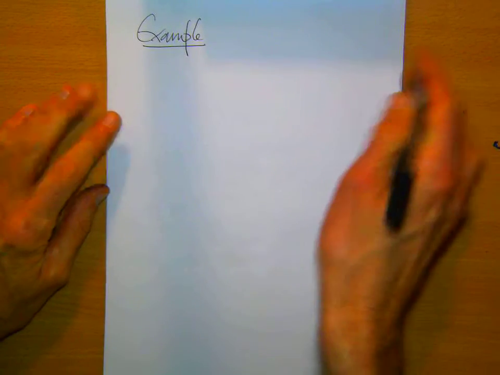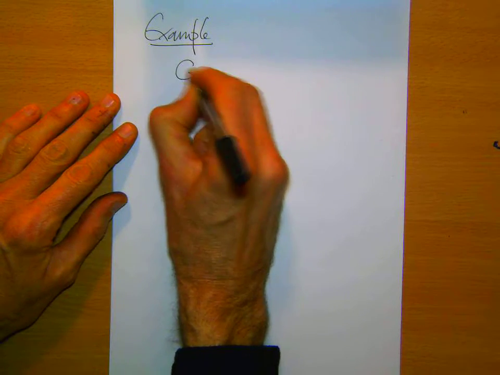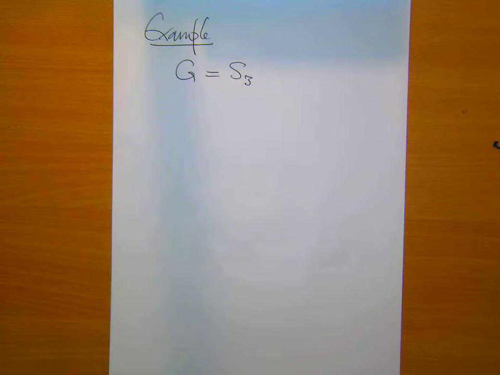Well, let's take our smallest non-abelian group. Our smallest non-abelian group is S3, which we can think of as the symmetric group on three objects, or we can think of it as the symmetries of an equilateral triangle. We've looked at it in both ways.